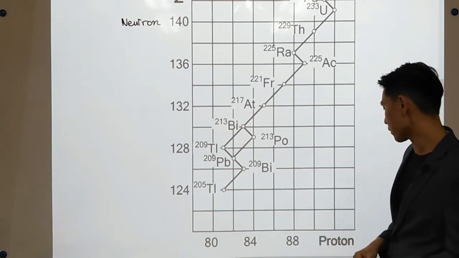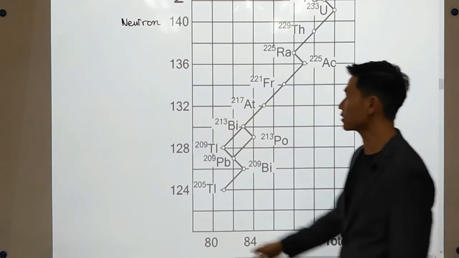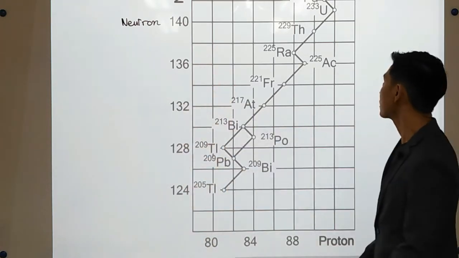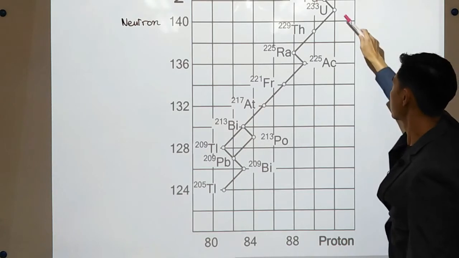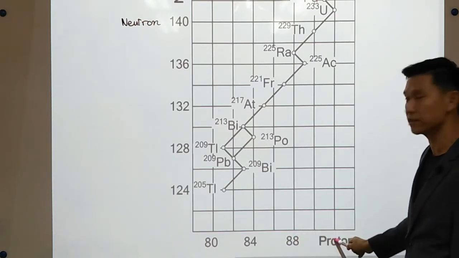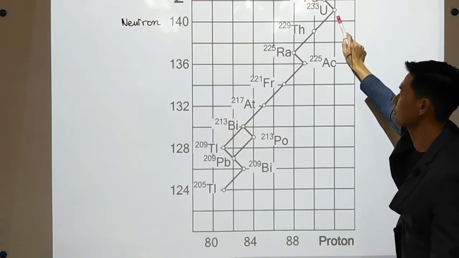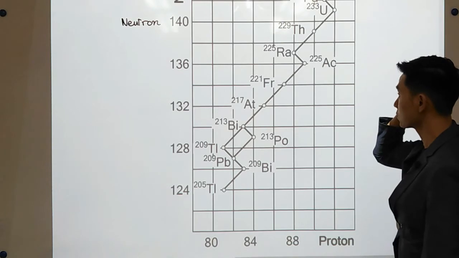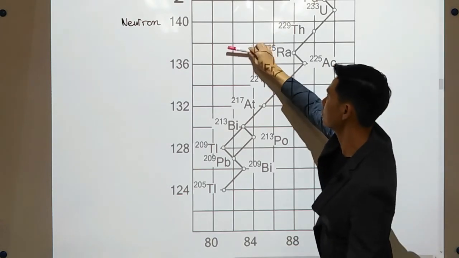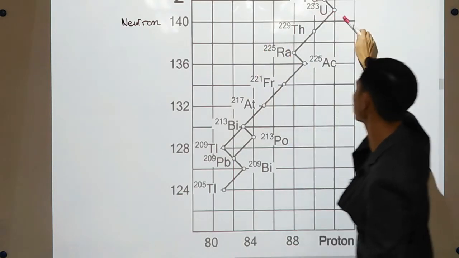For example, this element, I'm starting from uranium number 92. The graph is plotted with the number of protons on the x-axis and the number of neutrons on the y-axis. So as you can see from here, uranium is dragged down here, 88 here, 90 here, and 92 here. So uranium is number 92, and the number of neutrons is 36, 38, 40, and then this is 41.